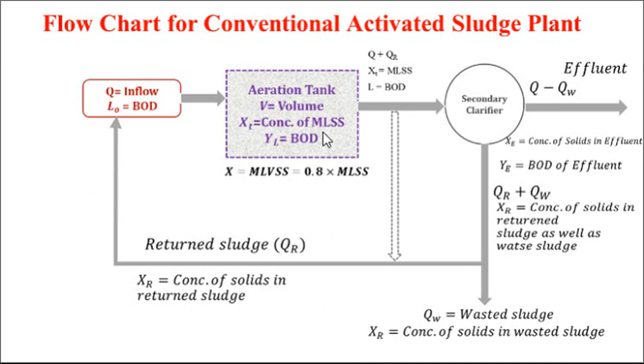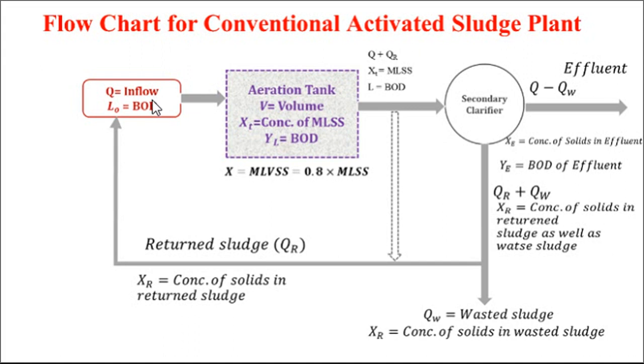Then this is the flow sheet for the conventional activated sludge plant with various parameters. Here is the primary sedimentation tank, and Q is the discharge of wastewater coming from the primary sedimentation tank, and Y0 is the BOD of the sewage after the primary sedimentation tank.